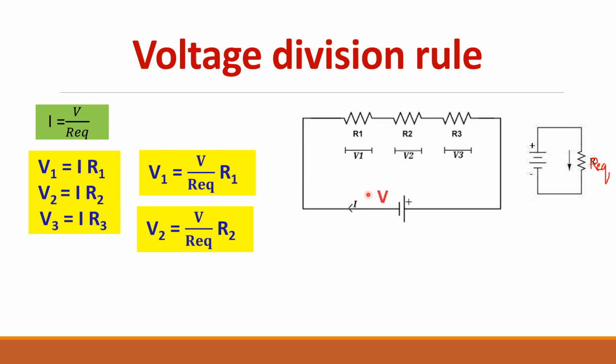If you know the total voltage and total resistance, you can find the voltage drop across each resistor. So voltage division rule says that if you want to find the voltage across a particular resistance, divide the total voltage by total resistance and multiply by that particular resistance. This is a very important rule to solve electric circuits.